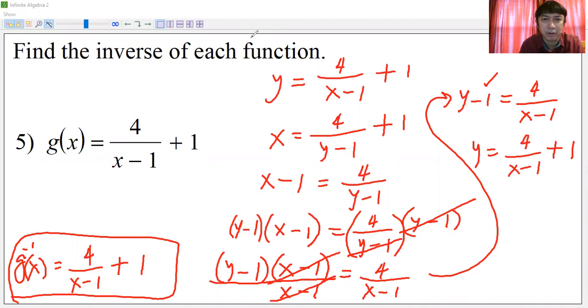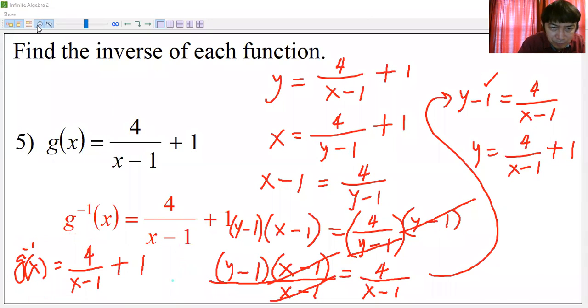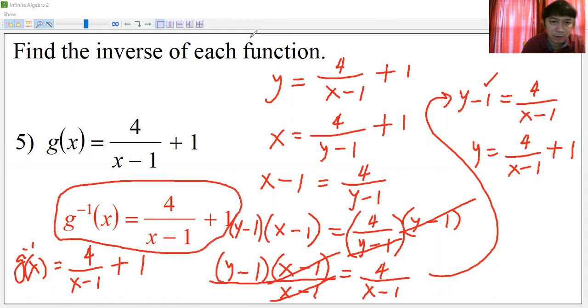Like that. Now we shall display it once more. Let me erase this part. There. And let me encircle that. You can see the answer here. So you have g of x to the negative 1 equals 4 over x minus 1 plus 1.